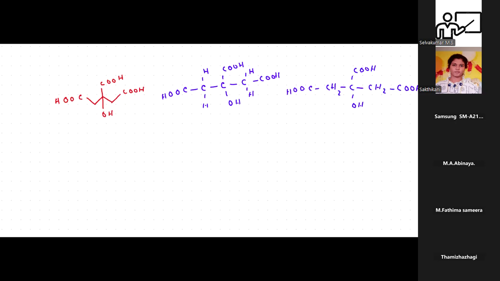Next one is, what is this? I write the compound: C connected to a methyl group, then another C connected to a methyl group, then another C connected to a methyl group. So now hydrogens are to be filled so that each carbon gets 4 bonds.